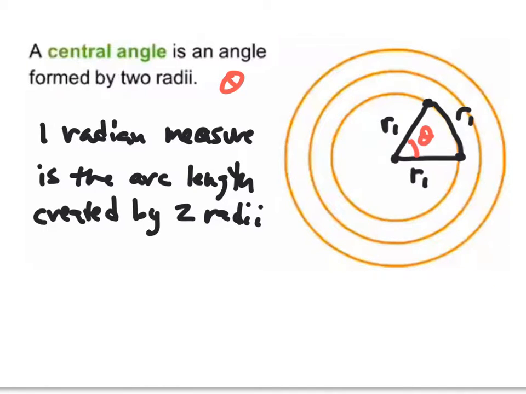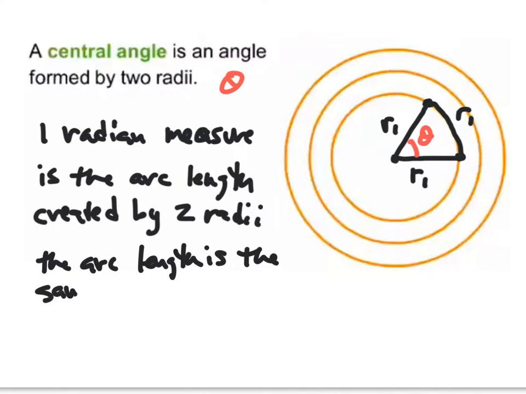One radian measure is the arc length created by two radii, and the arc length is the same length as the radius. Now, you could have a number of these. It doesn't always have to be that same radius.